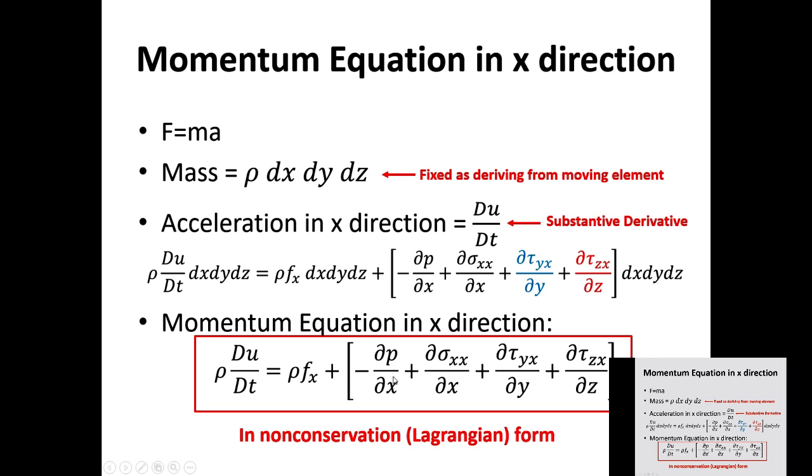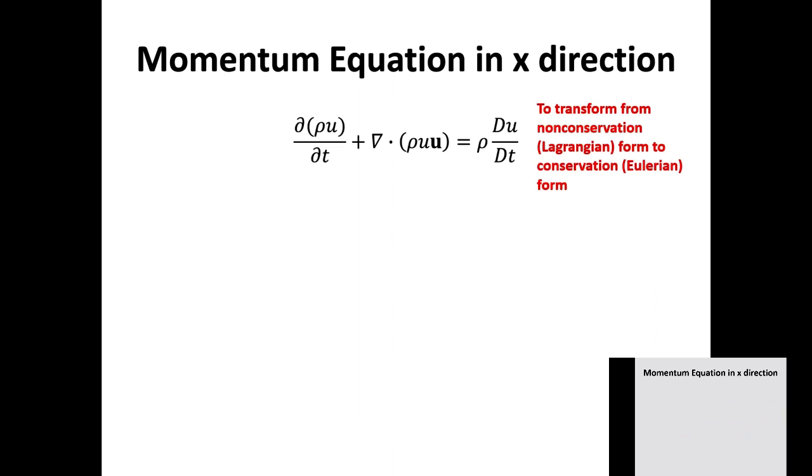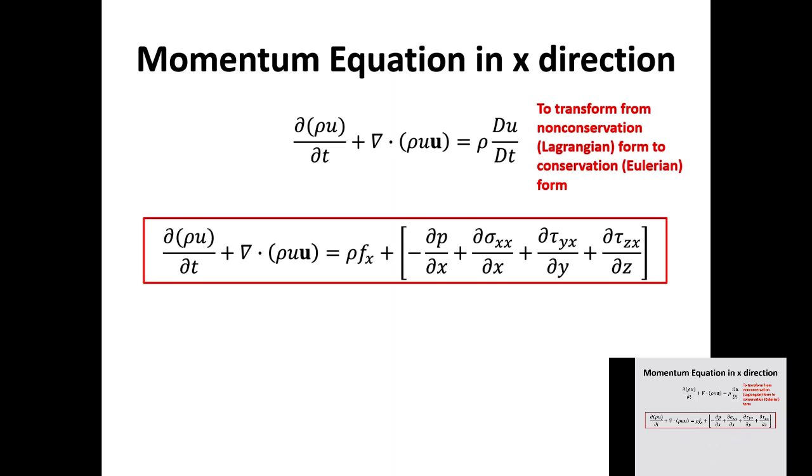That's your pressure, force due to pressure. That's your stress tensor. In the stress tensor, you have the normal stress and the shear stress. And that is in the x direction only. You can write this in the y direction as well as in the z direction.